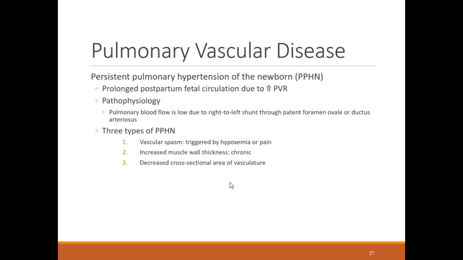Then increased muscular wall thickness, which can be a chronic condition, or any decrease in the vasculature that was developed in the lungs is going to cause PPHN. So these are your 3 fundamental types, if you will, of PPHN.